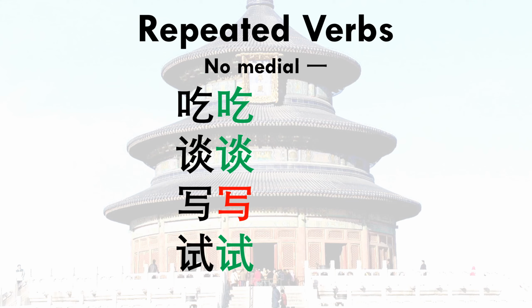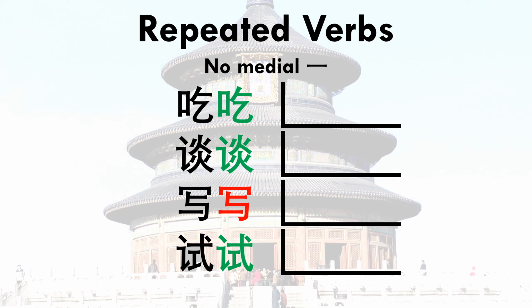So for 写写, I'm not saying 写写, because that's what it would sound like if you use the fifth tone. But instead it's 写写, stressing the first one and de-stressing the second one regularly.